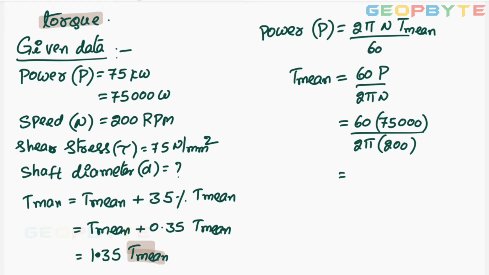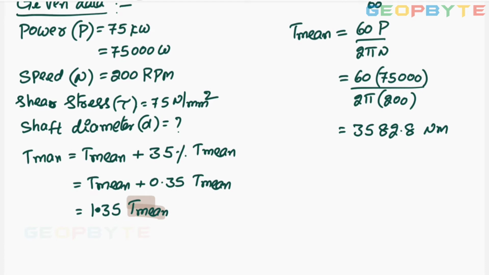You simplify this value with a calculator to get the mean torque around 3582.8 Newton meter. Better to convert it into Newton mm: 3582.8 into 10 raised to 3 Newton mm.